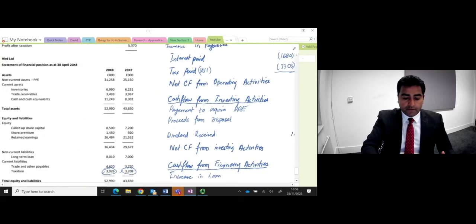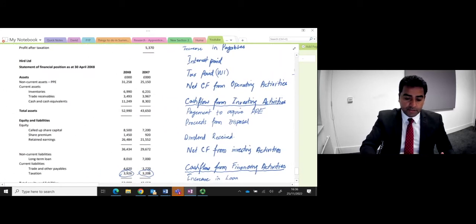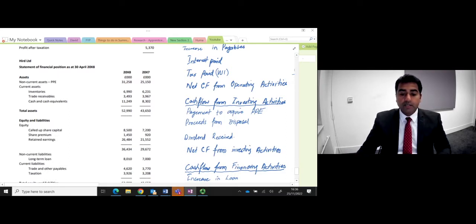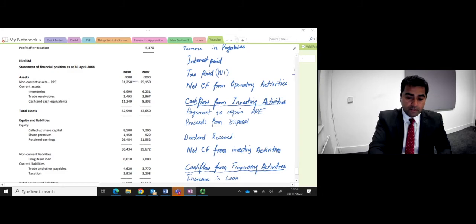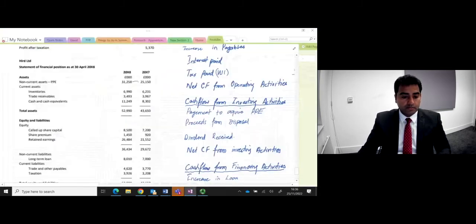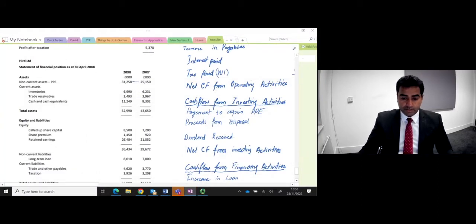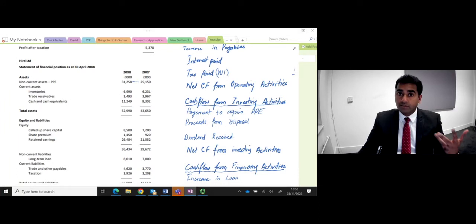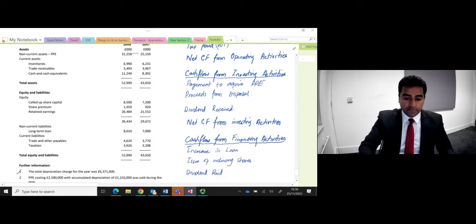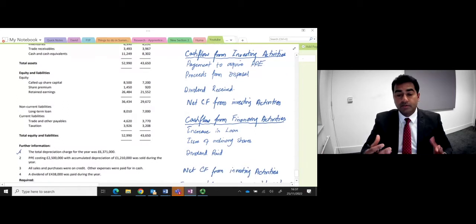So if I just look at the statement of financial position, I can see that the net current assets have actually gone up from 25 to 31. From 25,000 to 31,000. So definitely we have actually bought some assets. Let's have a look at if there is any other information related to the asset.